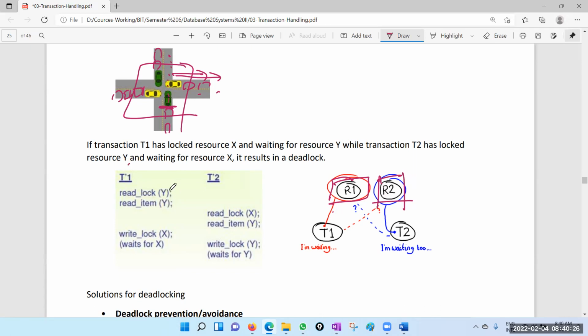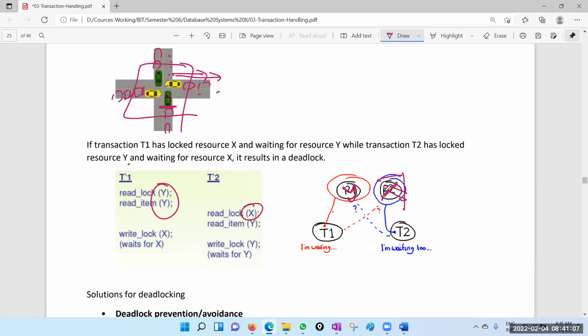Okay, say this is X, this is Y. Sorry, it's the other way. Let's assume this is Y and this is X. Now transaction 1 has locked Y, and then transaction 2 has locked X.